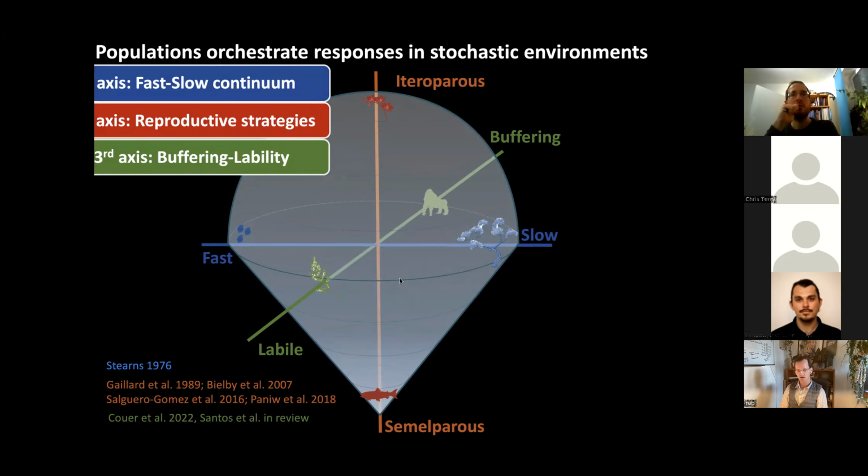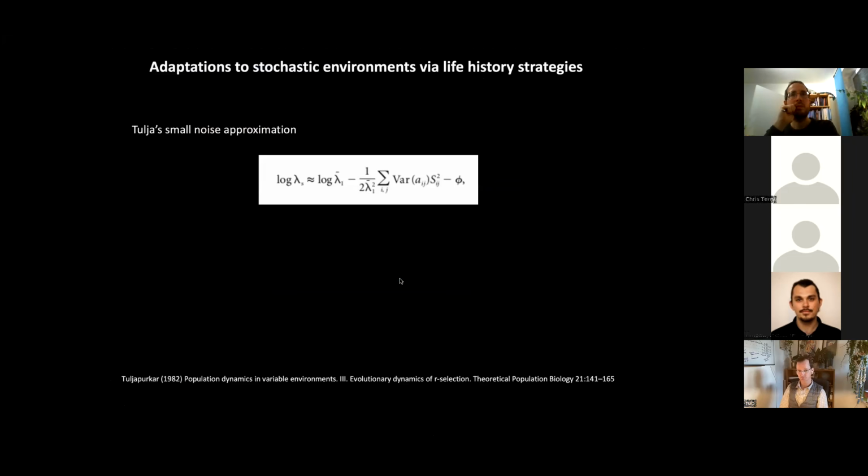We have a few papers that have recently evaluated the ways in which different populations can buffer against climate change, or just go with the flow, have vital rates that follow the changes in climate. And the main take-home message of this part is that there seems to be a third axis that is highly orthogonal, for sure, to the heteroparity-semelparity axis, also partly orthogonal to the fast-slow continuum. And that's what we now call the buffering-lability axis.